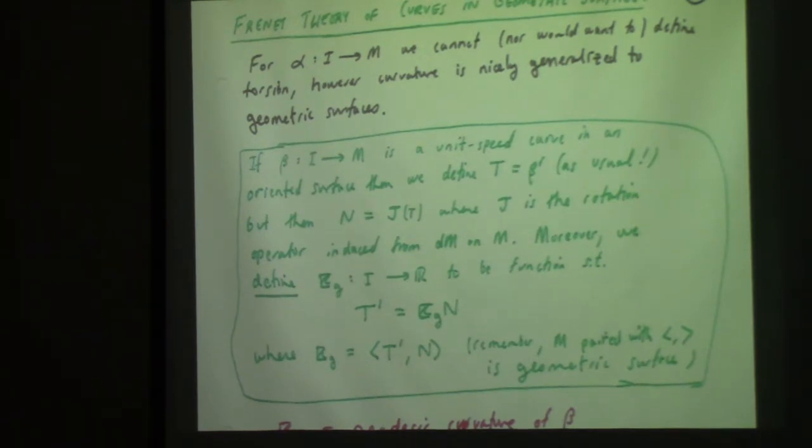I think that as usual is maybe counterbalanced a little bit by the discussion we had today about how you actually find the velocity field with respect to the patch. It's a pain. But anyway, in another sense, yes, as usual, the derivative is the tangent. And then the normal you take to be J of T, right? That's that rotation operator, which we can define for any oriented surface.